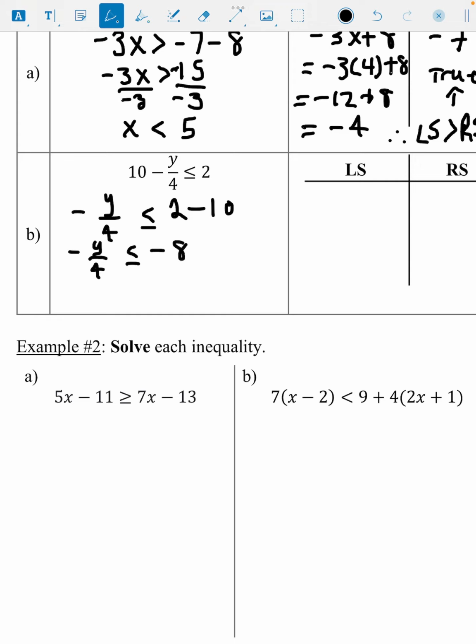Now we have to multiply both sides by negative 4, which means we have to switch the inequality operator. So we have to reverse it. It says that y is greater than negative 8 times negative 4. I'm going to write this underneath, but that means that y is greater than or equal to 32.